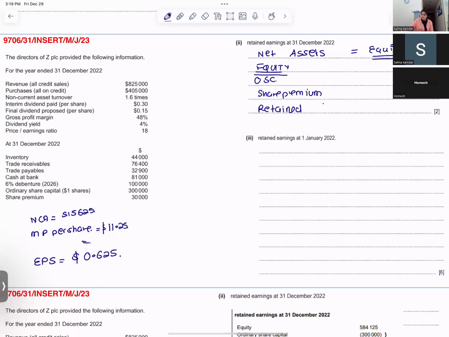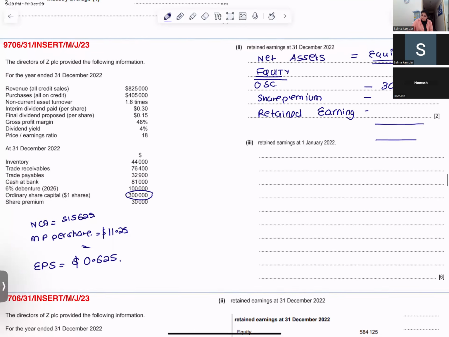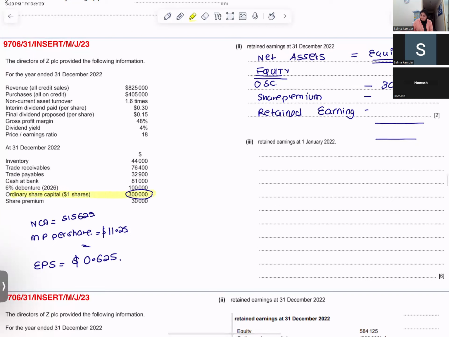Do you know your ordinary share capital? Yeah, it's $1 per share. Your ordinary share capital, 300,000, and your share premium, 20,000, yeah, we know both of the figures.